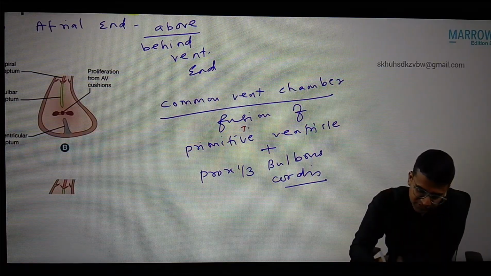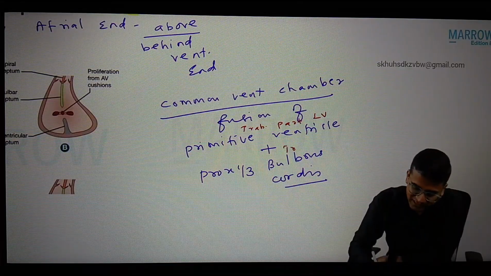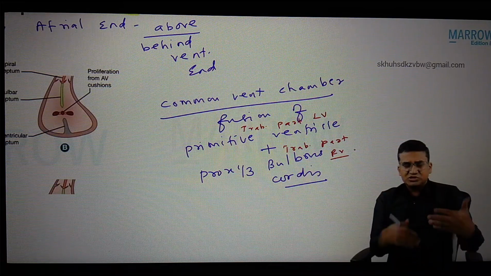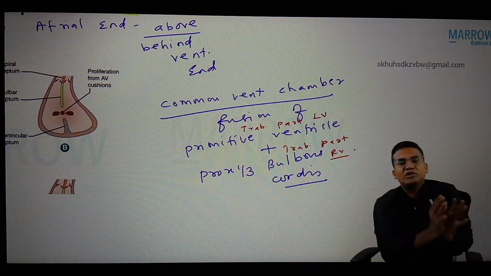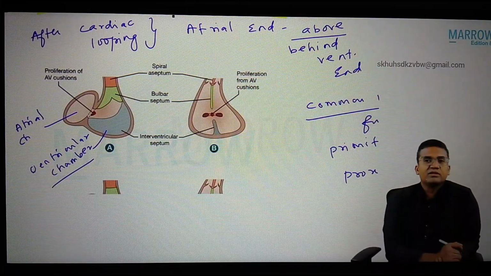The primitive ventricle forms the trabeculated part of the left ventricle, and the proximal one-third of the bulbus cordis forms the trabeculated part of the right ventricle. Just now I told you. So these two parts fuse and form a common ventricular cavity.